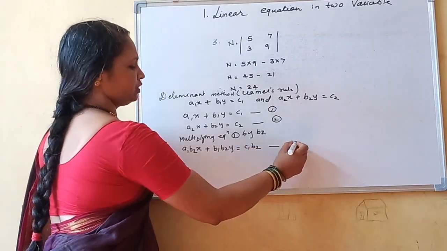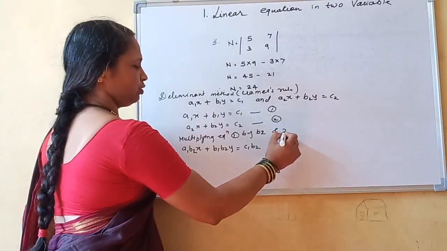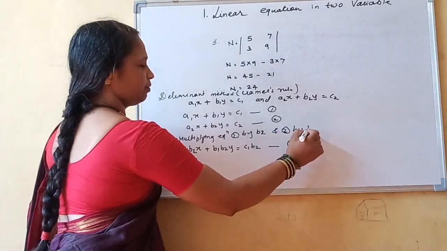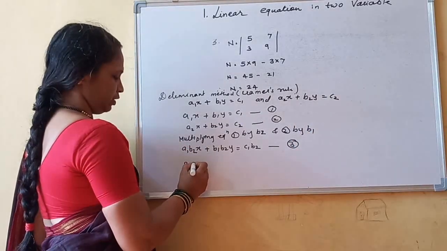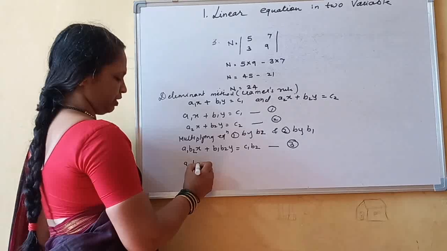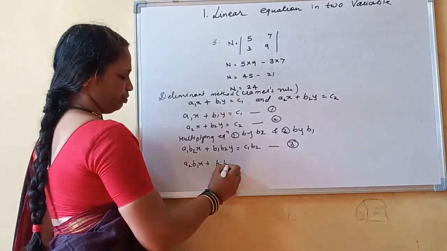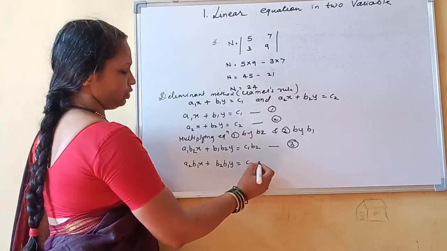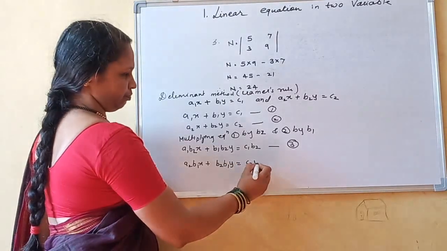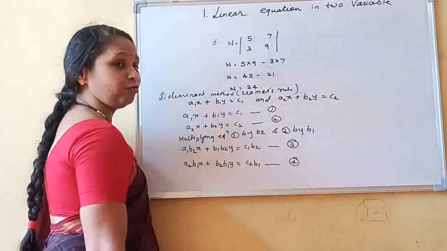We will give this as equation 3. And multiplying equation 2 by b1, it will be a2 b1 x plus b2 b1 y is equal to c2 b1. This will be equation 4.